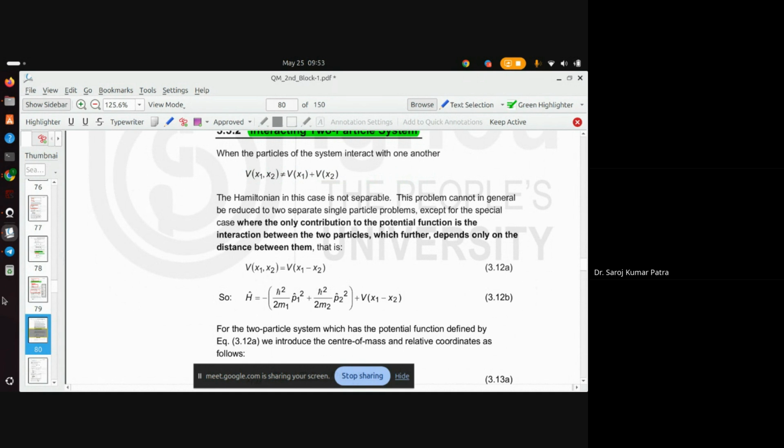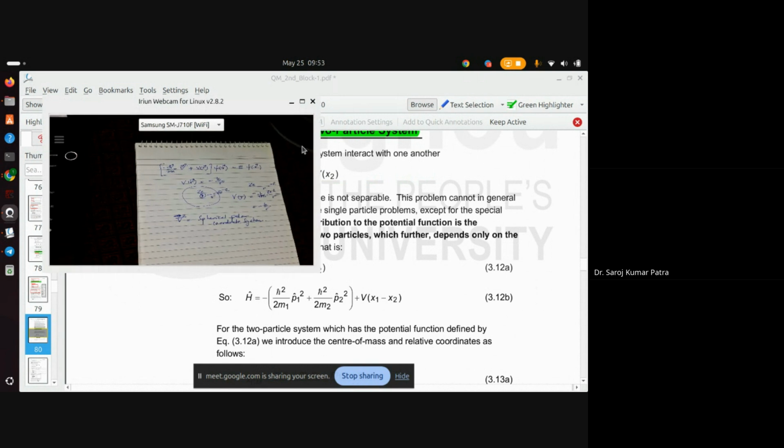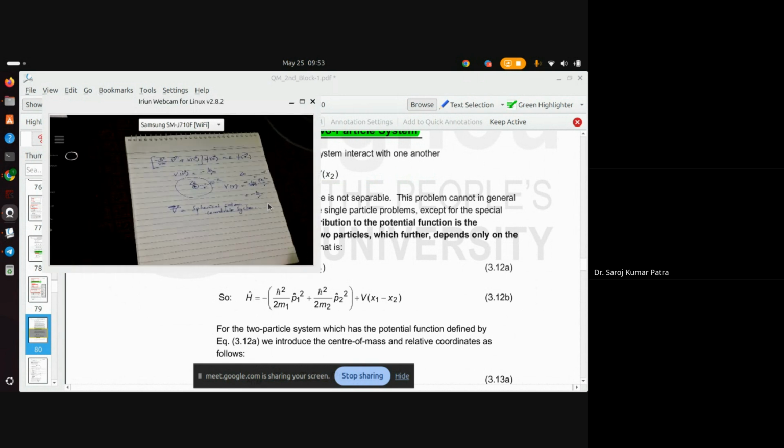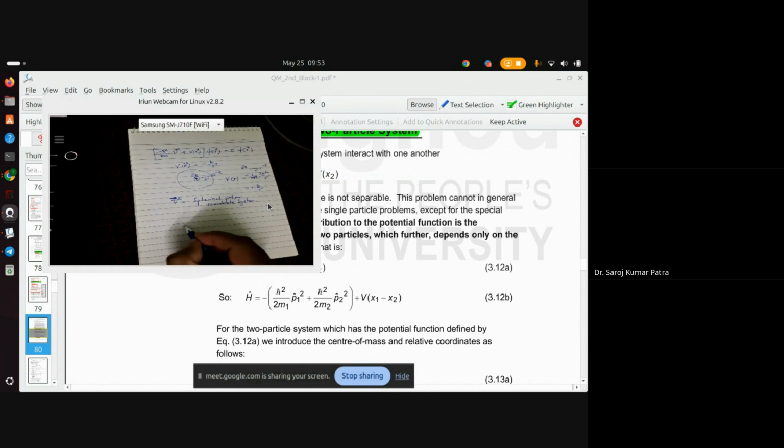Let me share my screen first. So suppose we have one positive nucleus over here, another positive nucleus over here. We have one electron revolving here, another electron revolving here. If these two nuclei or atoms are close by, what will happen?